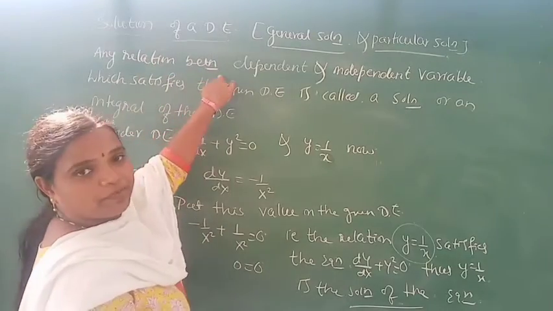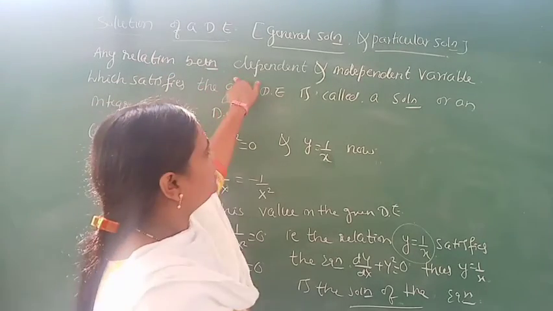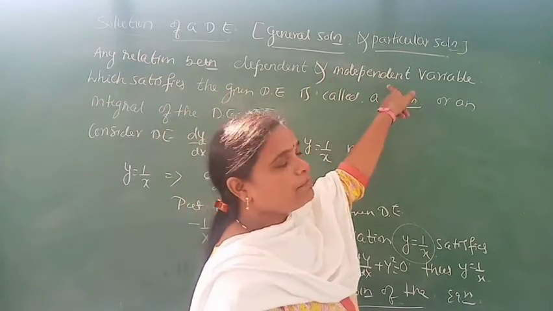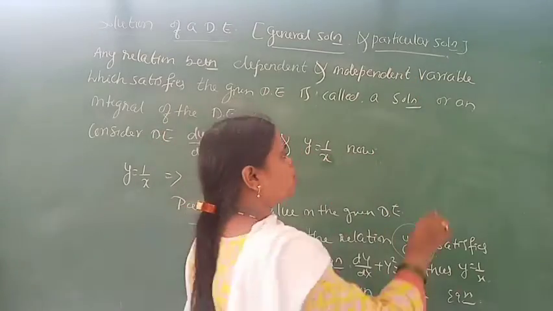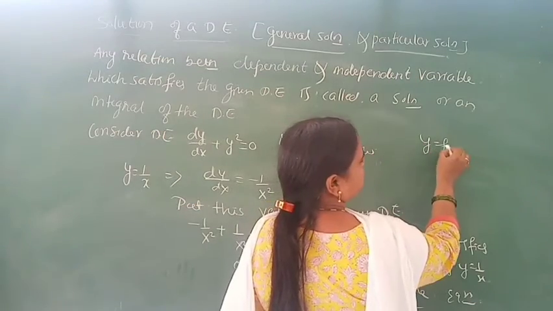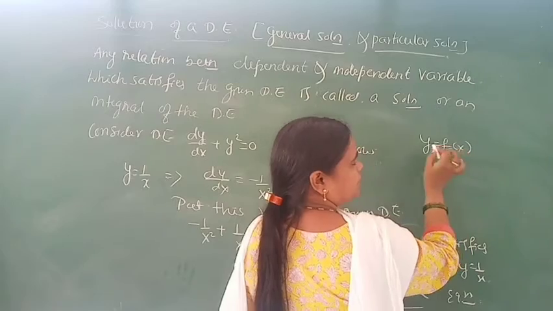Okay, by knowing this concept, now I will tell you the definitions. Any relation between dependent and independent variable. See, y is equal to f of x function means x is independent, y depends.